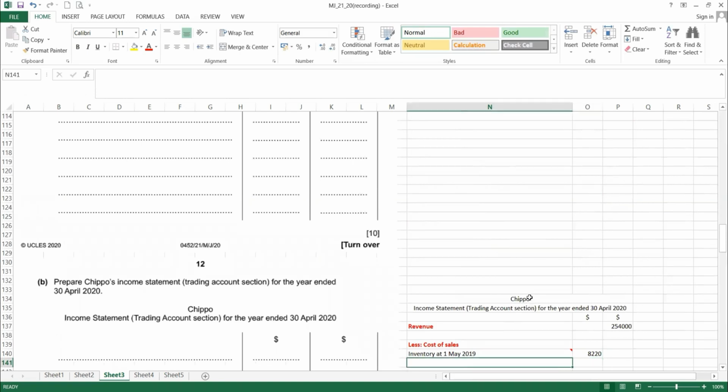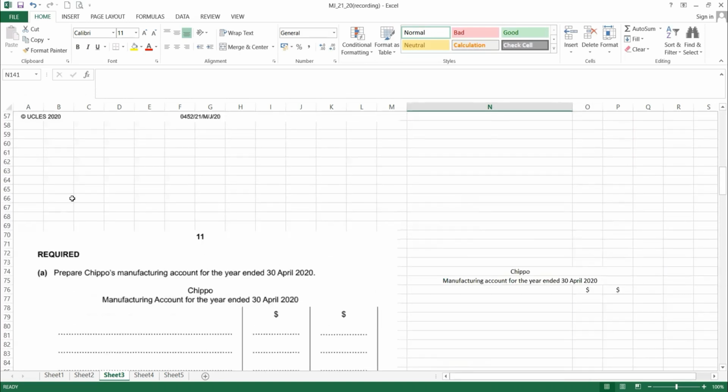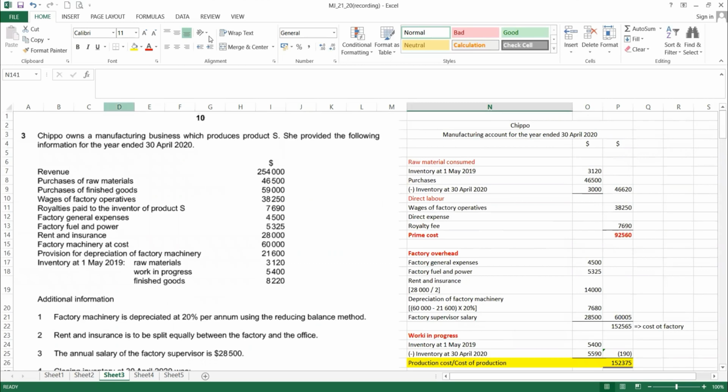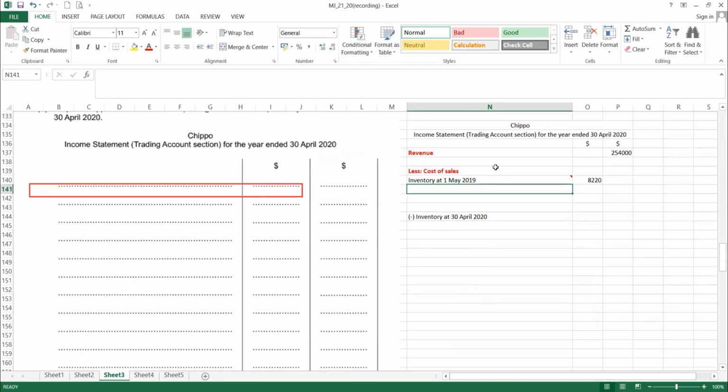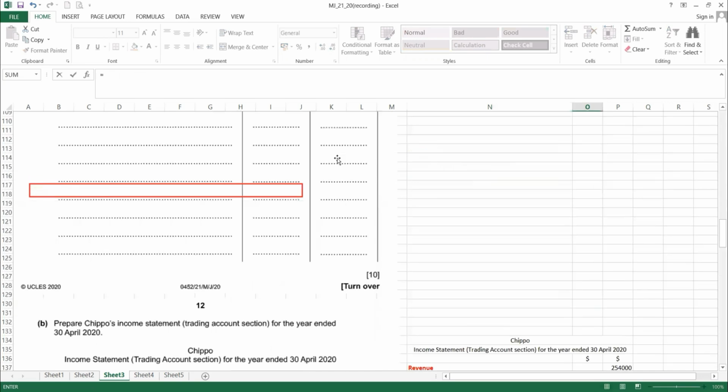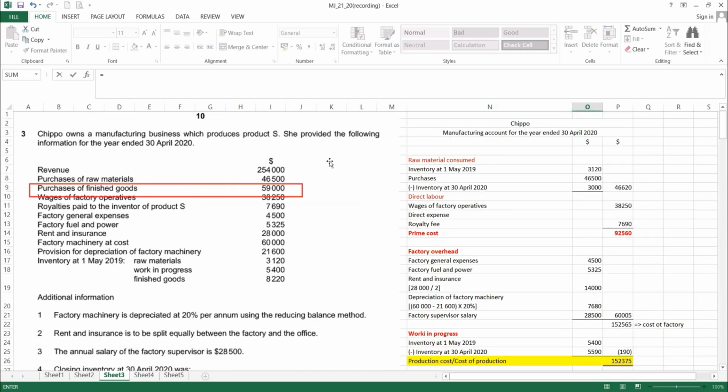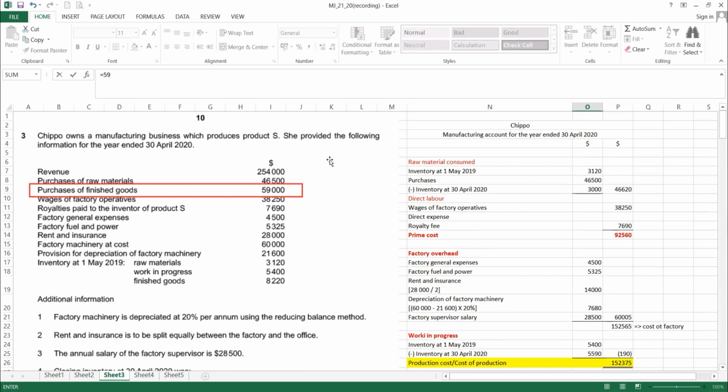Next is, in the exam, sometimes they put in the purchase. This question, they say purchase of finished good. It means that this is one of the cost of sales we have to take in. So here we put in purchase of finished goods, and the amount is 5900.